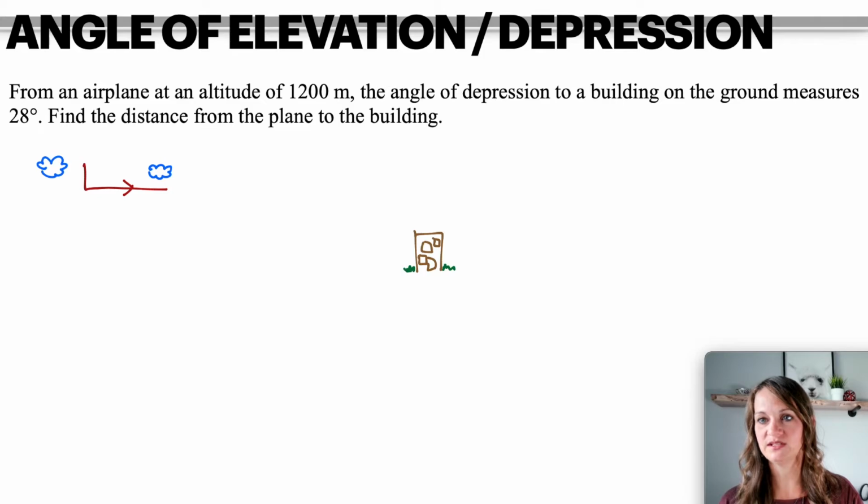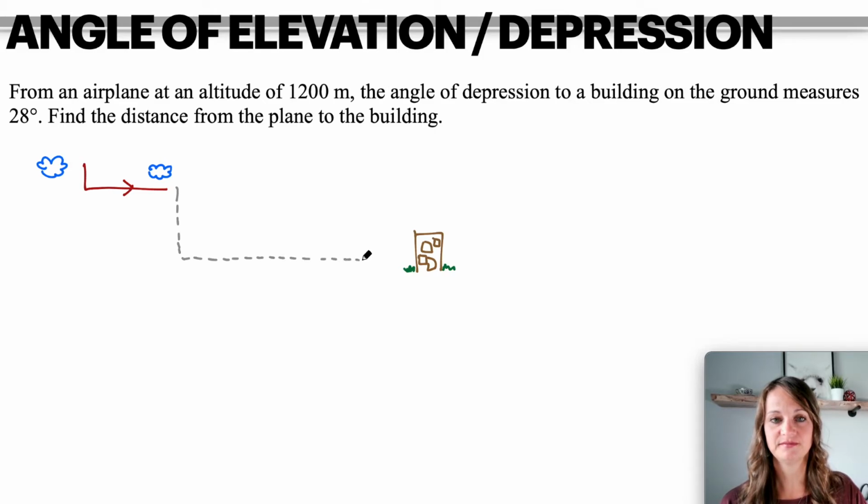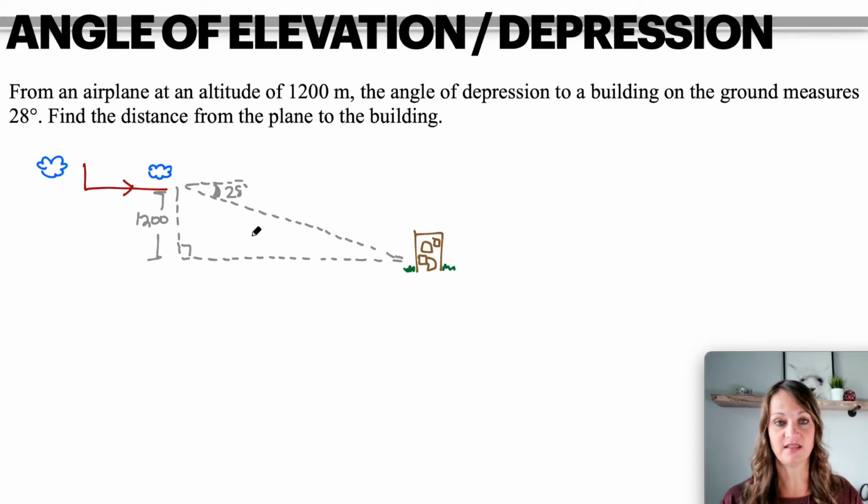Okay, so what we are going to do is draw a triangle. We are not going to worry about the height of the building right now, even though technically that's exactly what we should be doing. The airplane is 1,200 meters high. That's what altitude means. It means height. The angle of depression in this case is 28 degrees, but we need the angle that is inside the triangle.